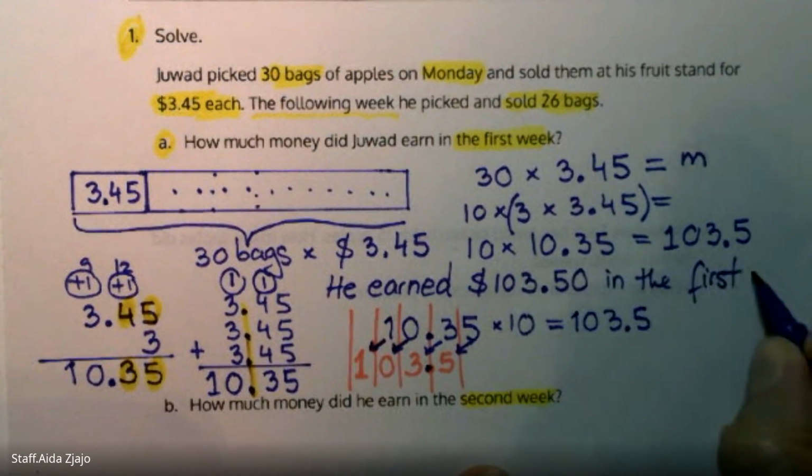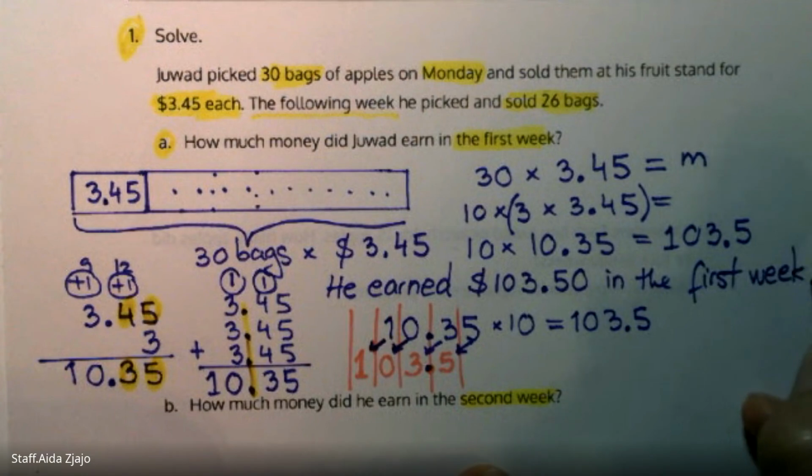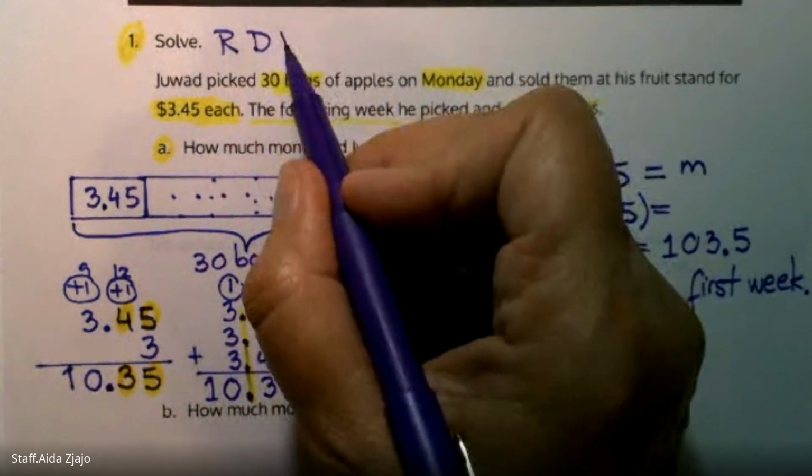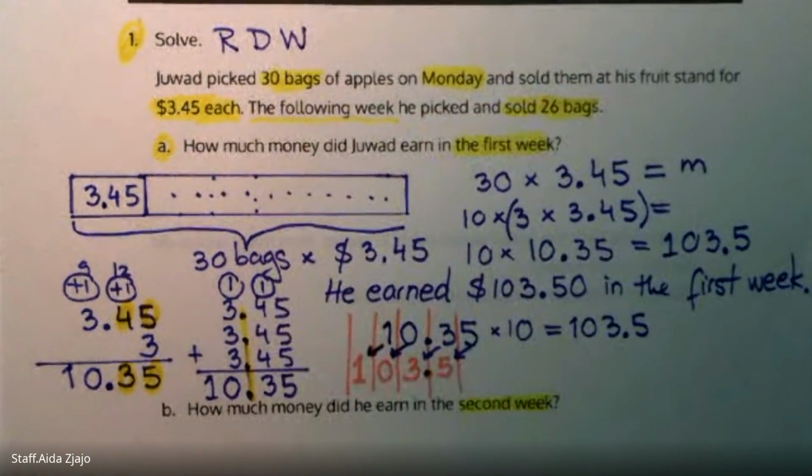And now, as we read the story, we drew a picture and we wrote the answer. So we used that strategy. All right.